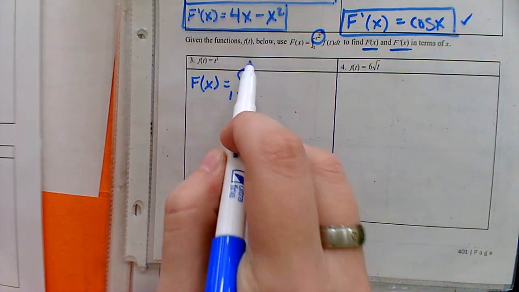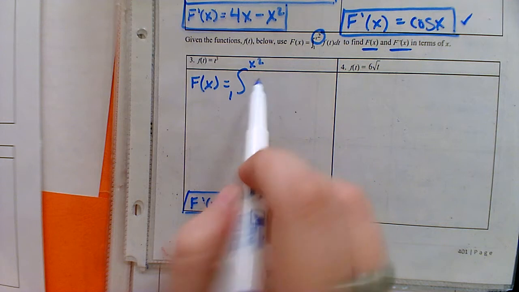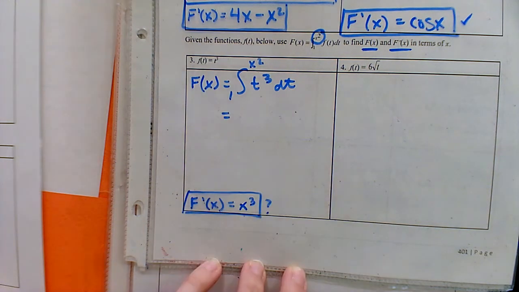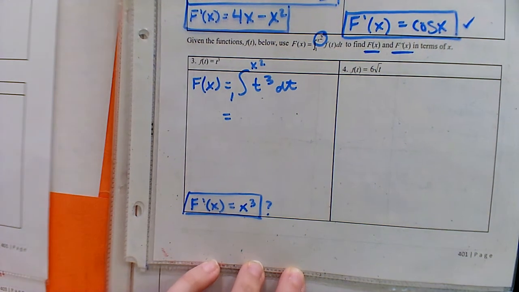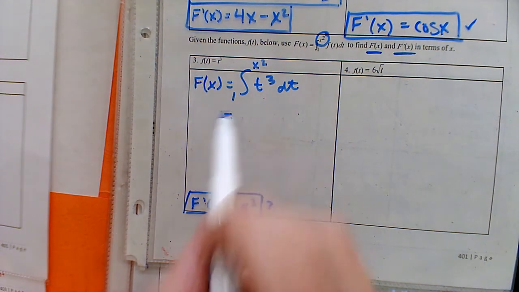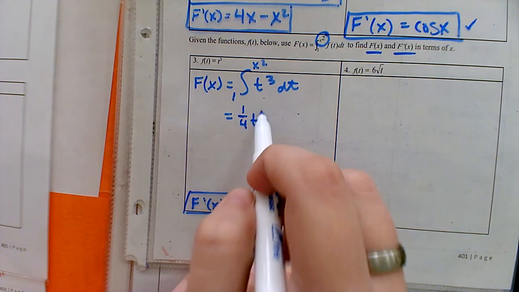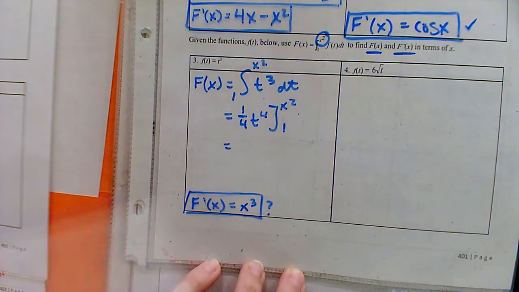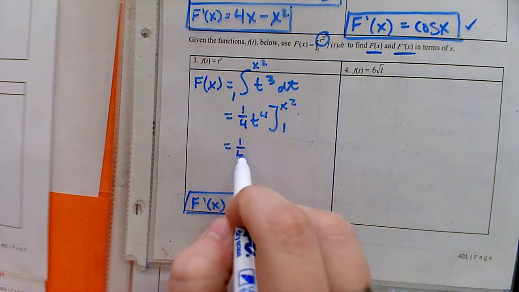So capital F is the integral from 1 to x squared of t cubed. If you work backwards from t cubed, what'd you have before? There we go, 1/4 t to the 4th. And then first fundamental theorem, top minus bottom.